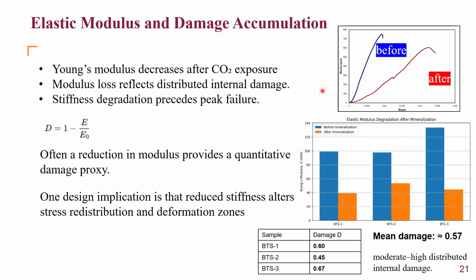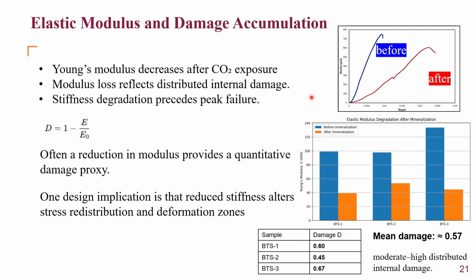This means that as there's internal damage, the microcracks or the weakening of the sample itself will cause a degradation, and the sample will not be able to reach its peak failure as an unmineralized sample.